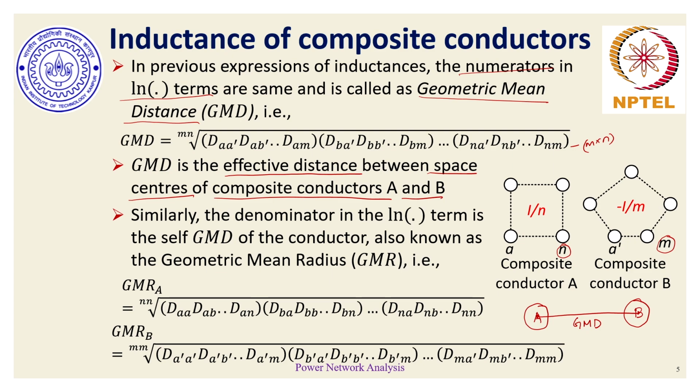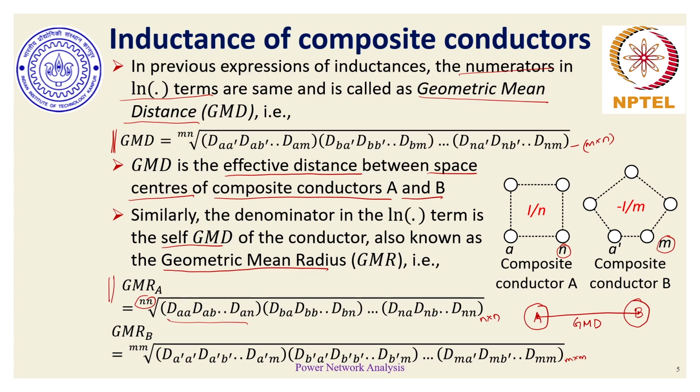Similarly, the denominator in the natural log term is the self GMD of the conductor, and to differentiate it from GMD, it is given the term geometric mean radius, GMR, which is the n square root of the n square distances in conductor A and the m square root of the m square distances in conductor B. These distances, if you compare, are the self distances, or the center to center distances between strands in a particular conductor.